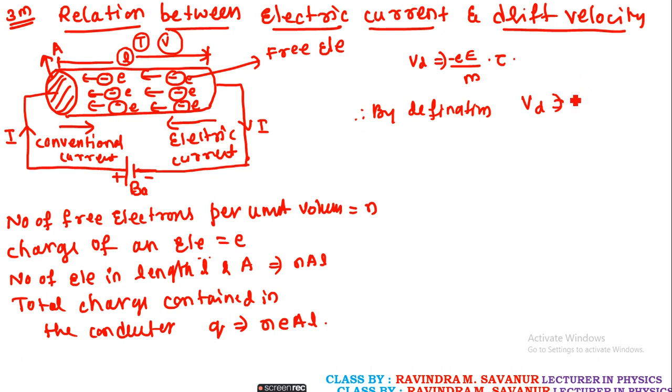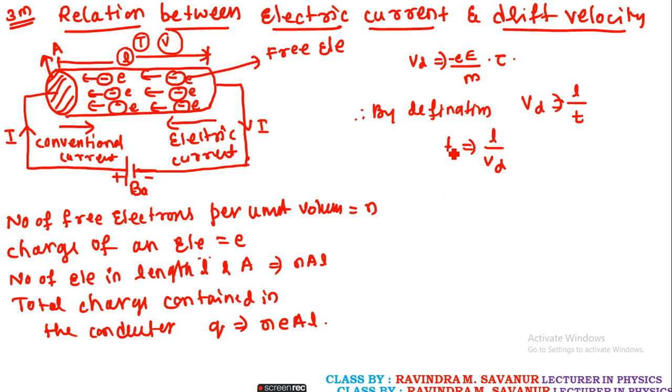By the definition of velocity, Vd equals distance upon time. Here the velocity is the drift velocity, with length L and time t. So this time t can be written as L by Vd.